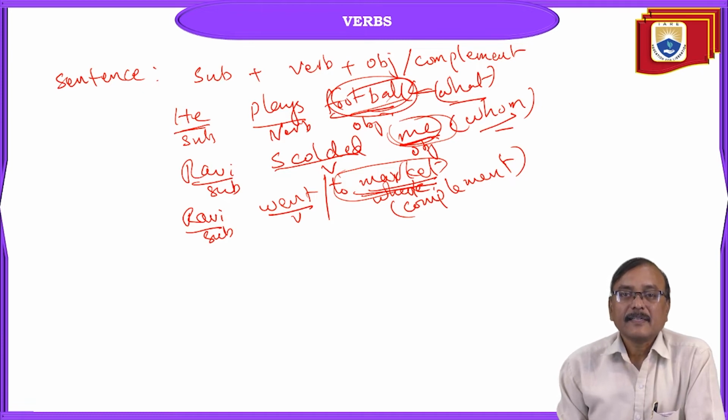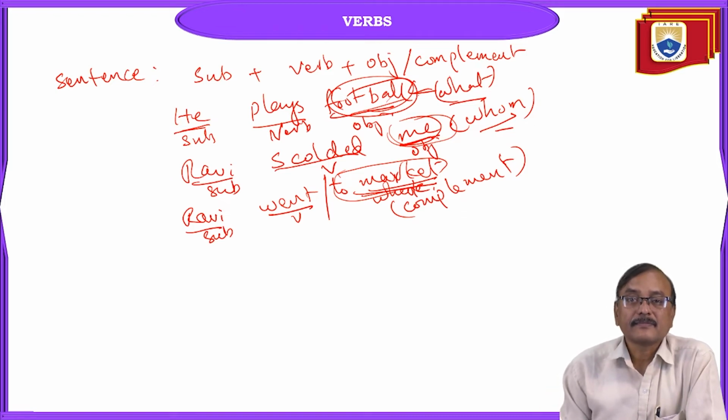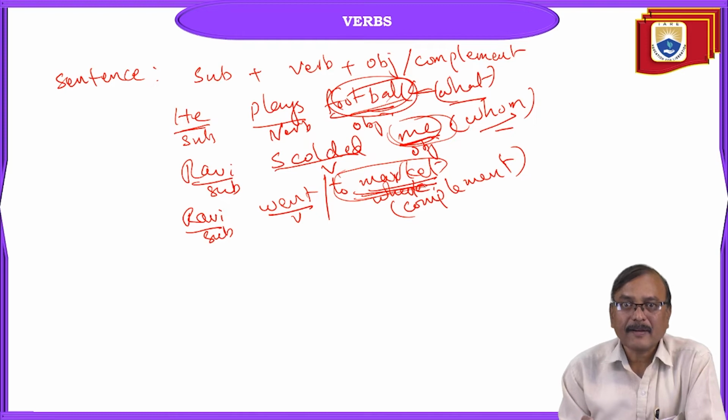To complete the meaning of this sentence, we are using this. That's why it is called a complement. Don't say it is an object. Object is also one type of complement, but here this complement is not an object.